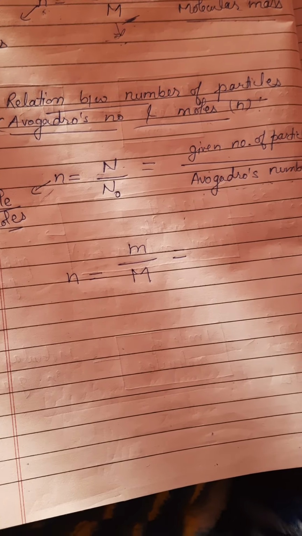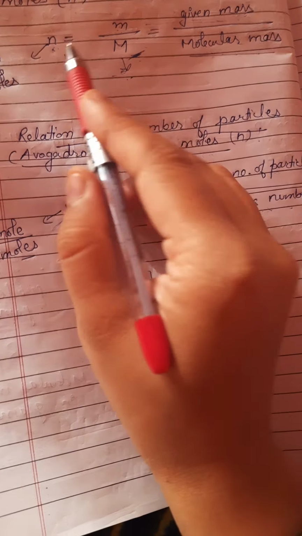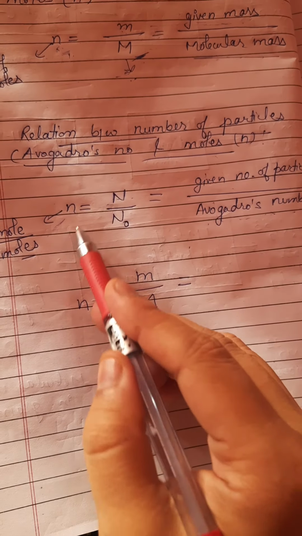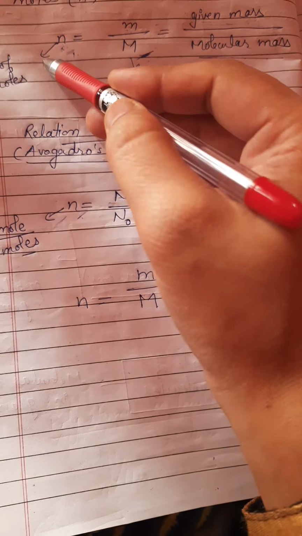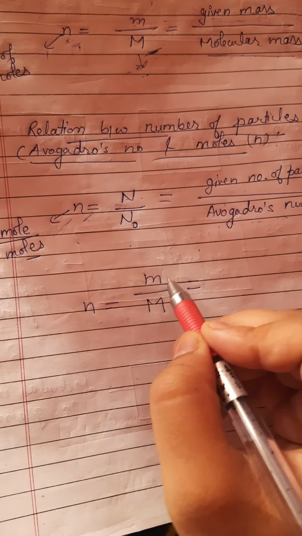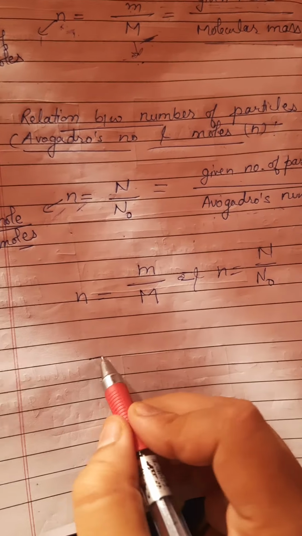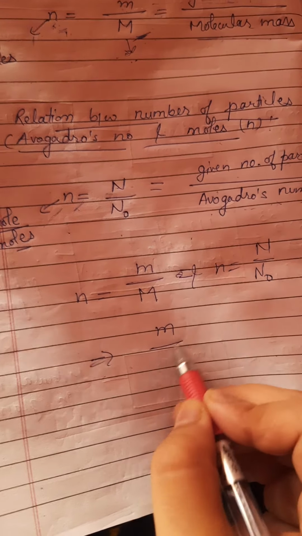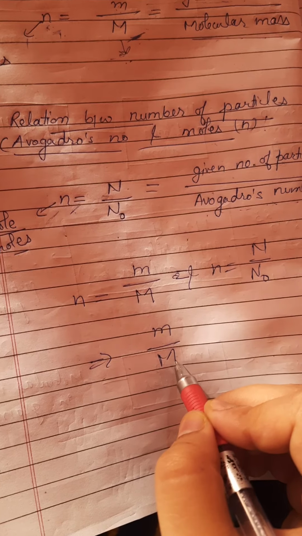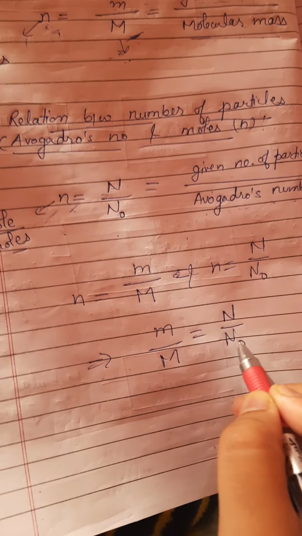Since the number of moles is the same on both sides, if this side is equal, then this side must be equal. So you can also write the relation: small m divided by capital M is equal to N divided by N naught.